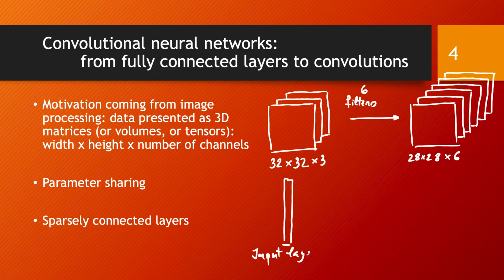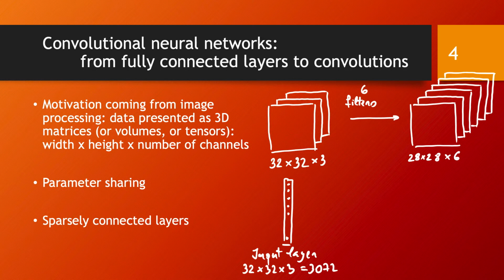In a typical fully connected neural network, you would have to have as many neurons in this input layer as you have data points in your data. And in your data you have 32 times 32 times 3 values for your image, and this is equal to 3072. So in the input layer you would have to have 3072 neurons.